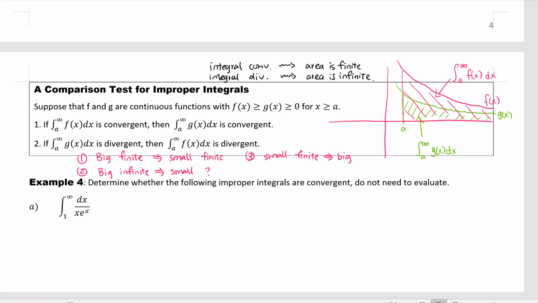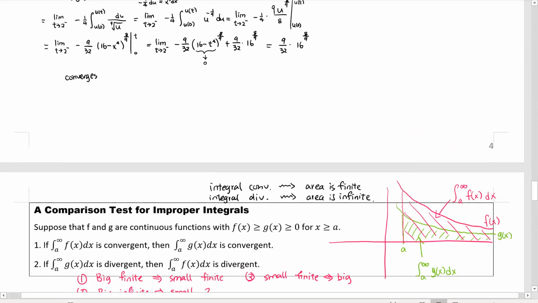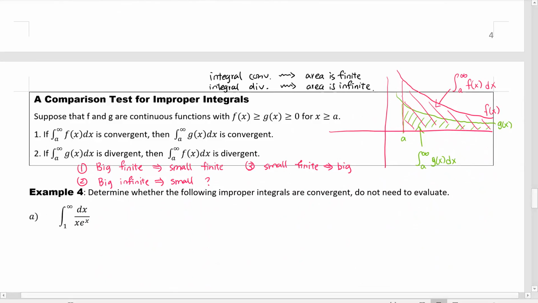The big guy is bigger than that, so it can be finite or it can be infinite. Last case, if the small guy is infinite, the big guy is bigger than the infinite thing, so it's also infinite.